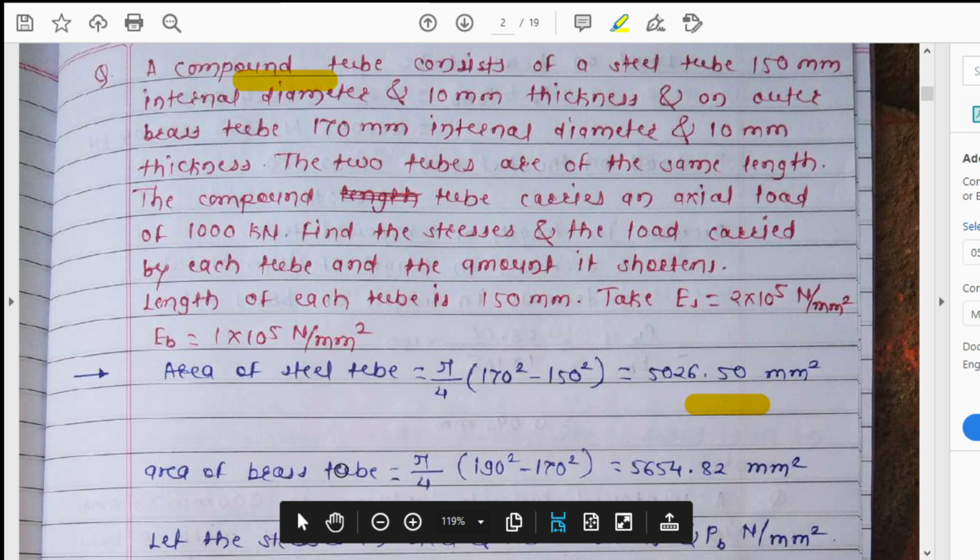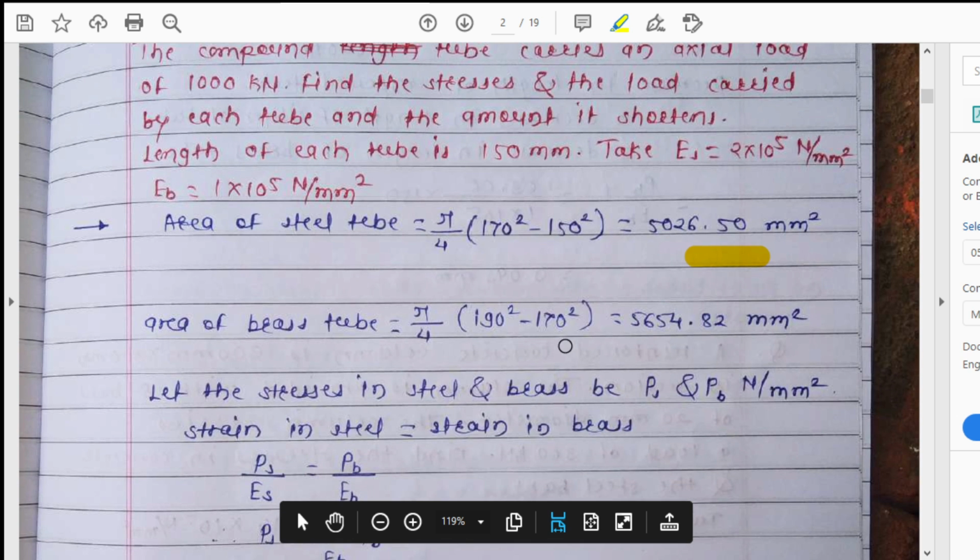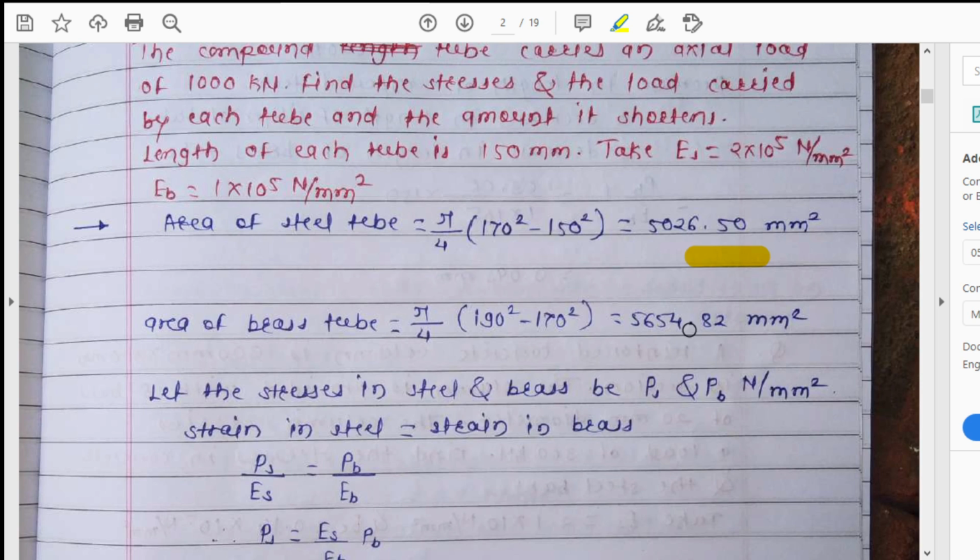Now for the brass tube, 170 plus 10 plus 10 will be 190, so 190 square minus 170 square. By using this, we'll find the area of the brass tube. So we will get A1 and A2.